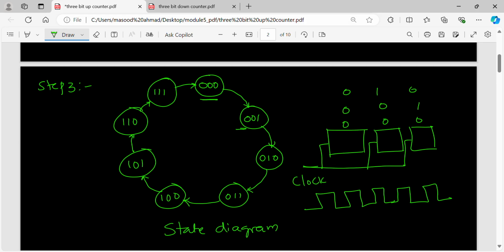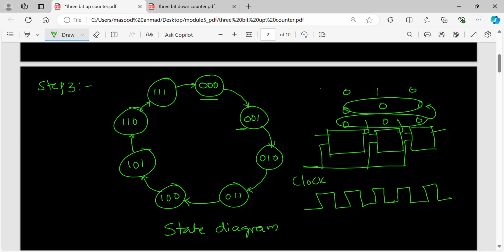For that, with respect to the inputs and outputs, here we are getting outputs. We have to give the appropriate input to the flip-flop such that if it is currently at 000, it has to move to 001. So I need to give the input such that it will move to 001.